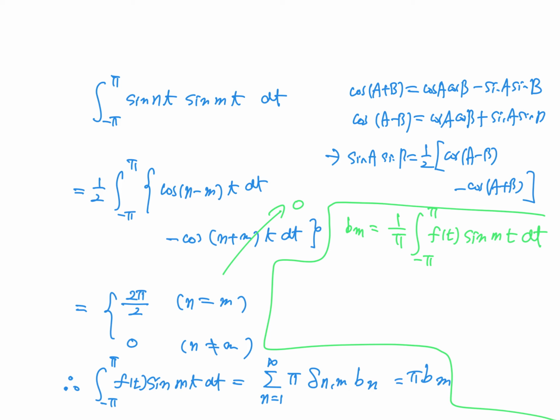So when period is 2 pi, then I can go back, right?